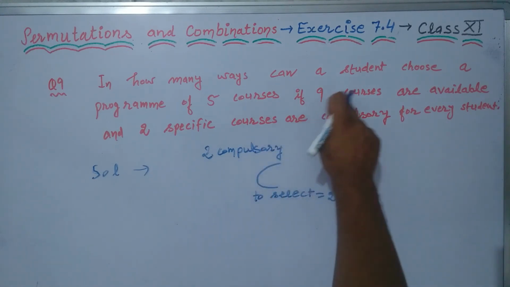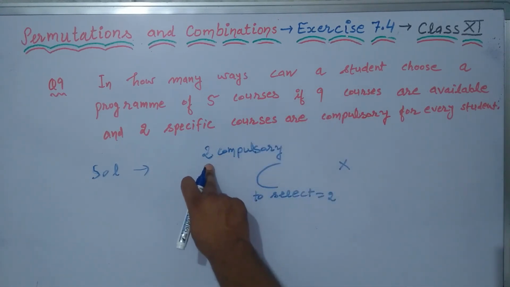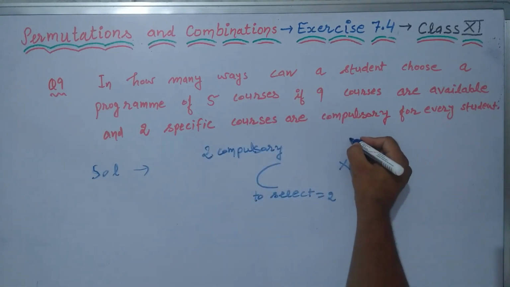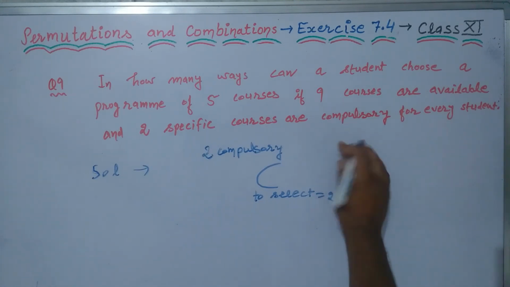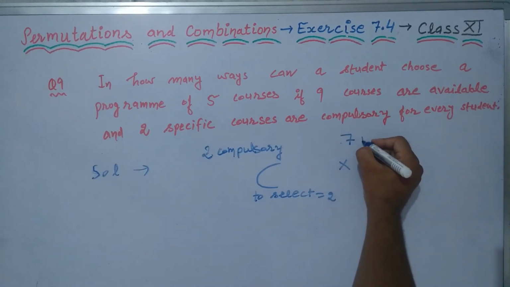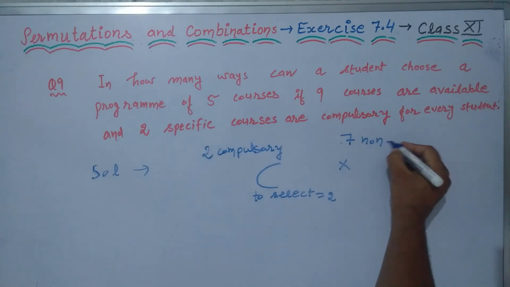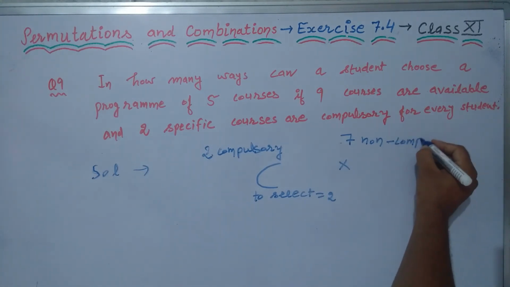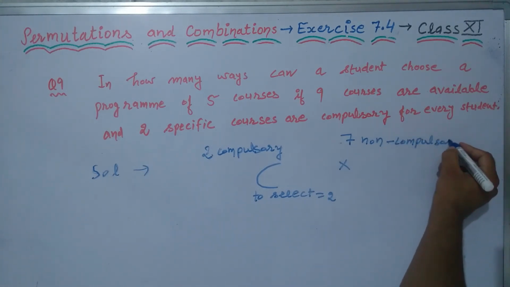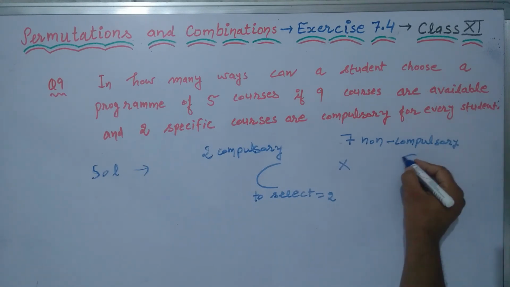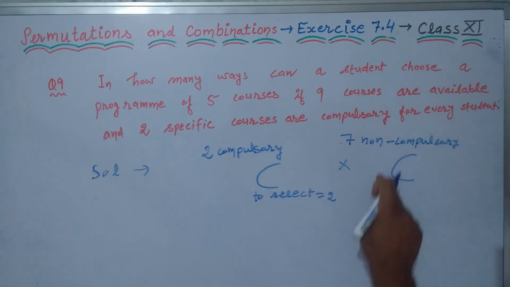Next is, out of 9 courses 2 are compulsory. Now we are left with 9 minus 2, 7 non-compulsory. Out of these 7 non-compulsory subjects, how many are to be selected now?